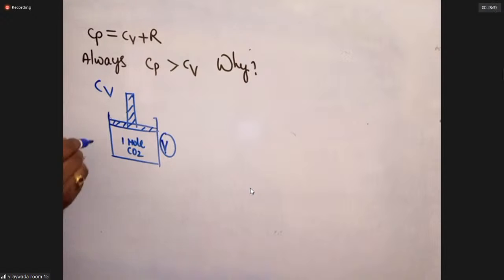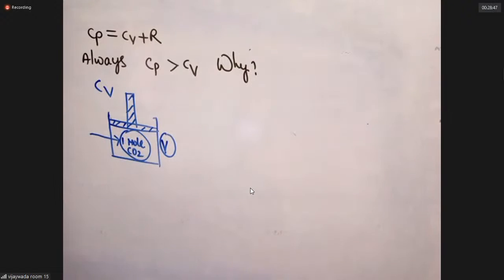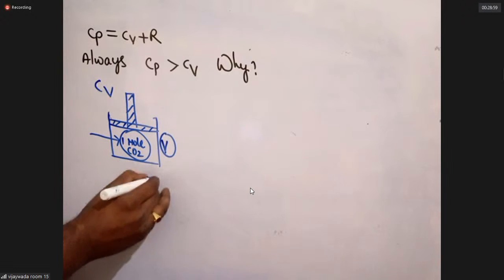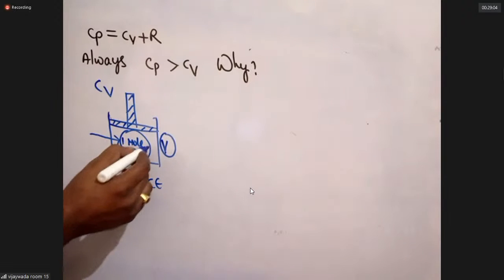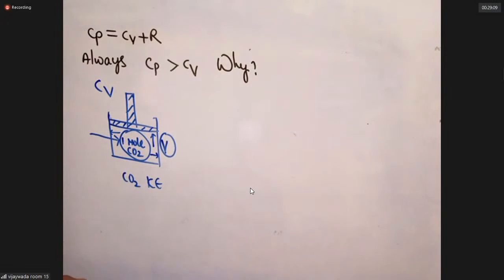By supplying heat energy to this 1 mole of carbon dioxide, it is completely utilized for increasing its temperature. While passing some heat energy, carbon dioxide kinetic energies increase, and definitely they exert pressure on the walls of the container and the frictionless piston.